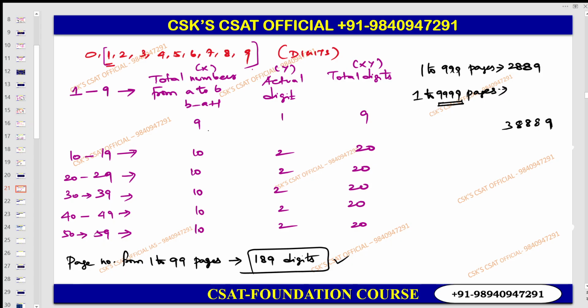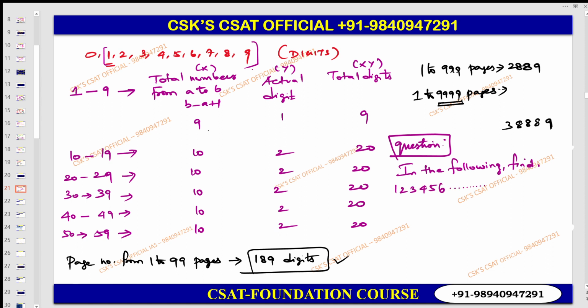So now let me put up one question here. In the following, 1, 2, 3, 4, 5, 6 and so on, find the 111th digit. Options: A 1, B 0, C 6, D 9.